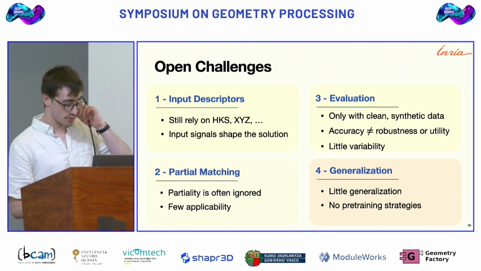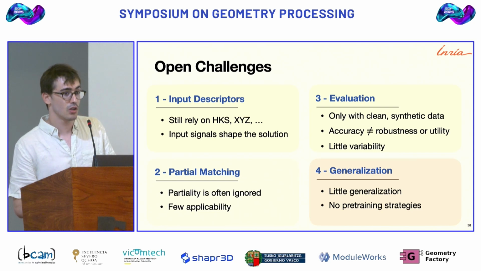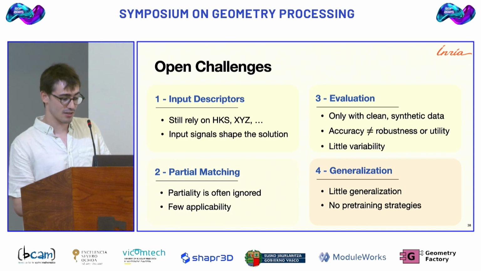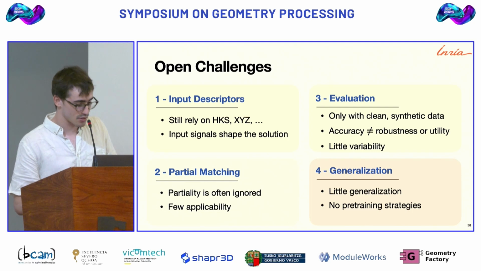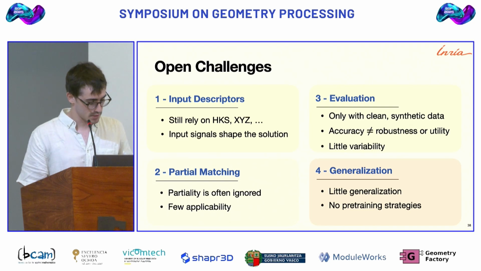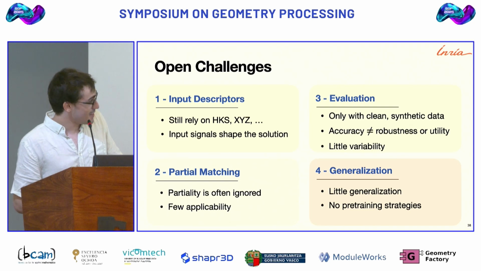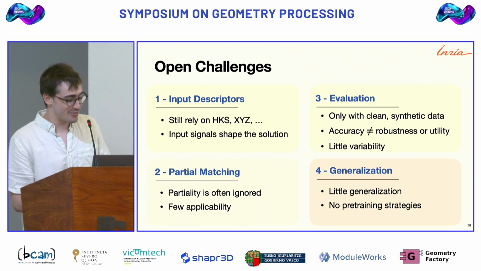These really shape the solution, and I don't think there is right now a very good alternative to these very bad descriptors. Hopefully this will change in the next few years, but right now I think it's probably the biggest limitation.